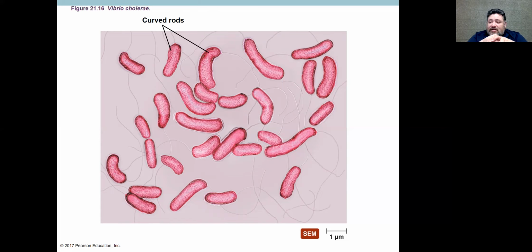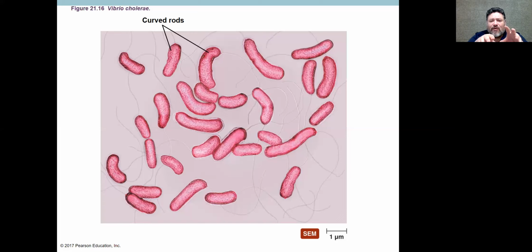There are about 20 different species of Vibrio cholerae. Only one of them is known to be pathogenic. And what is significant about it is that this particular species can live in fresh water. Okay, it is the only one that can do that.